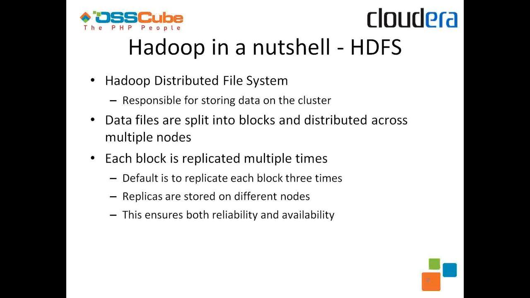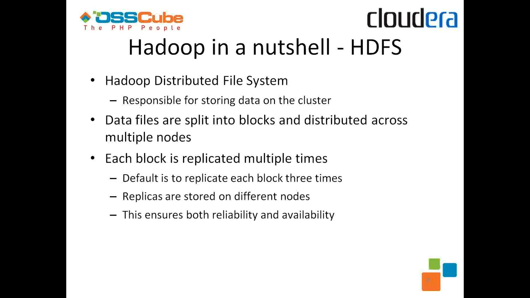So HDFS, like I said, two components. HDFS is the distributed file system, and it's responsible for storing the data across the cluster. What it does, when you load your data onto the cluster, is split it into blocks.